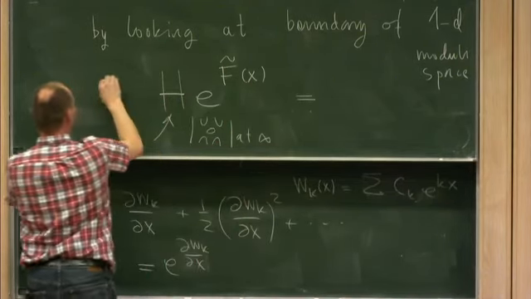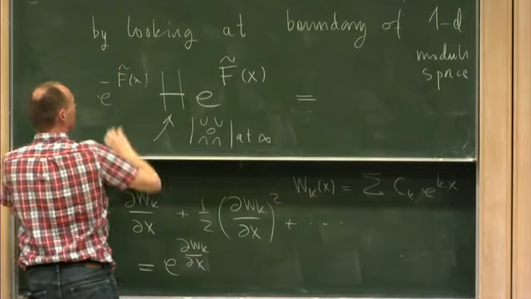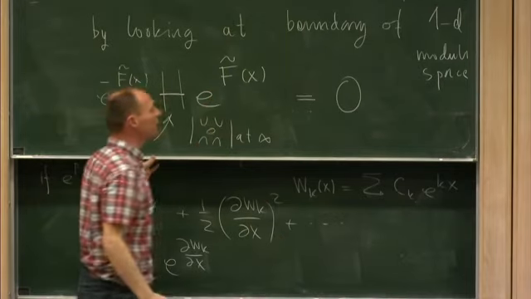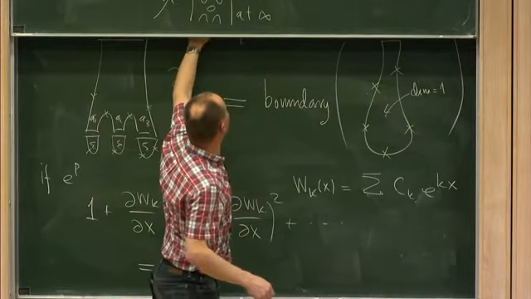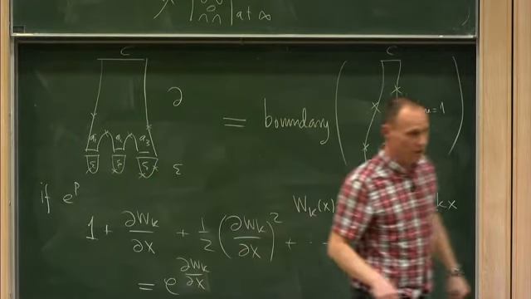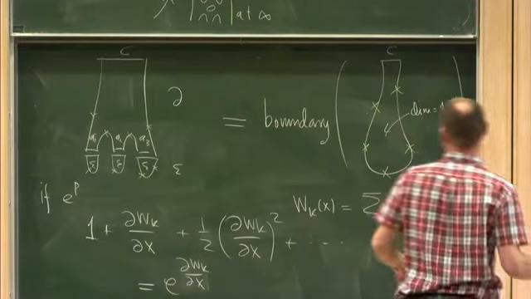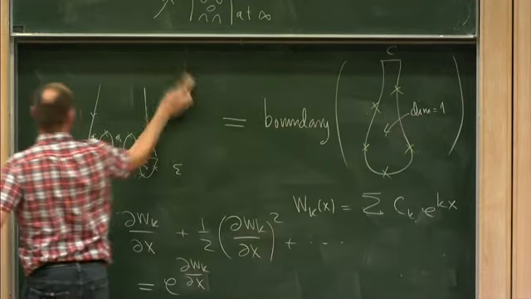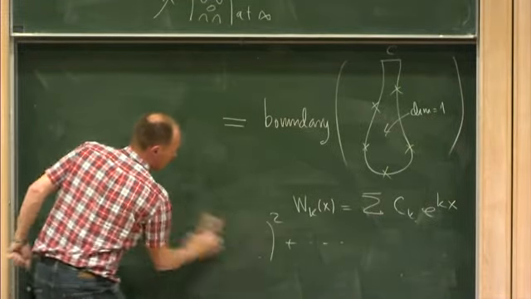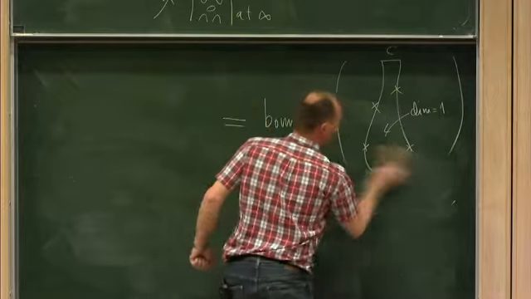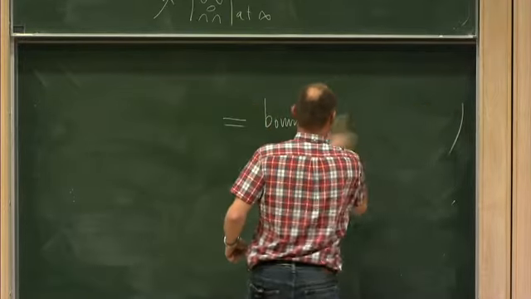Maybe you want to put something here, but it doesn't matter. We get an equation of this sort, where f of x now counts all holomorphic curves with and without extra punctures.